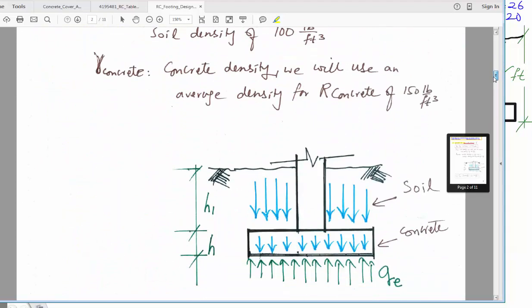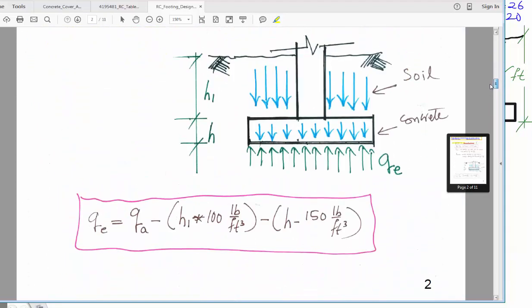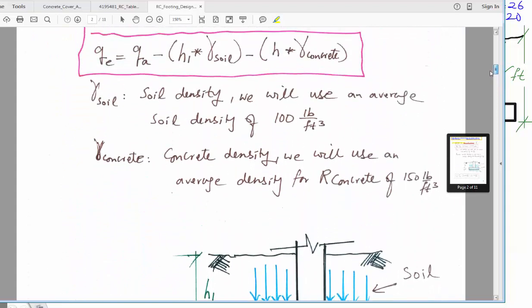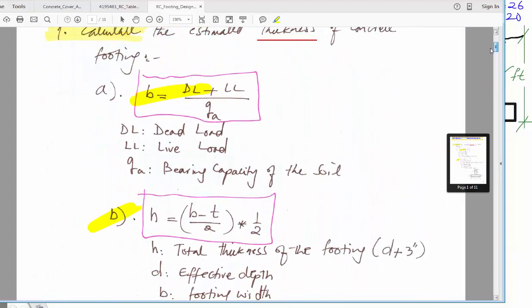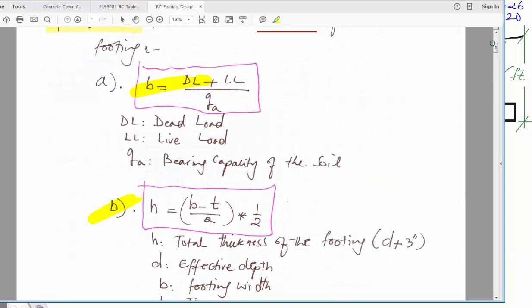So here's step number 1. We need to calculate B, which is dead load plus live load divided by QA. Then H is B minus T divided by 2 multiplied by half.